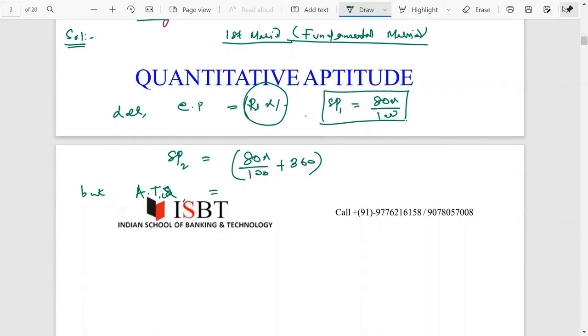That means SP2 should be 105x by 100. This is also the second selling price. This is equation 1, this is equation 2. So this is equal to this, and we can find the value of x.